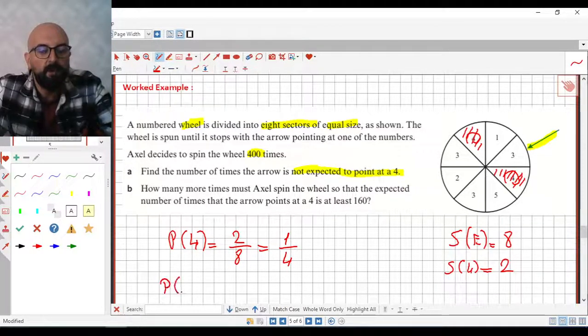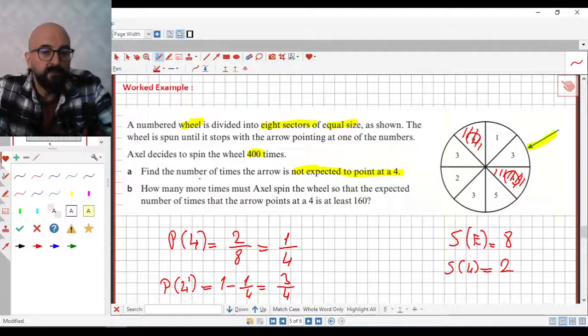The probability of not obtaining a 4 is the complement of 4: 1 minus 1 over 4, which is 3 over 4.